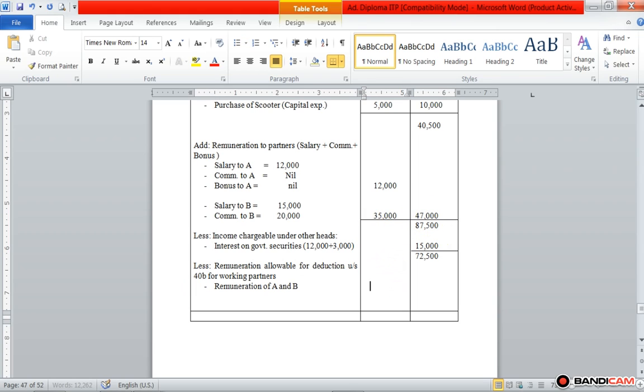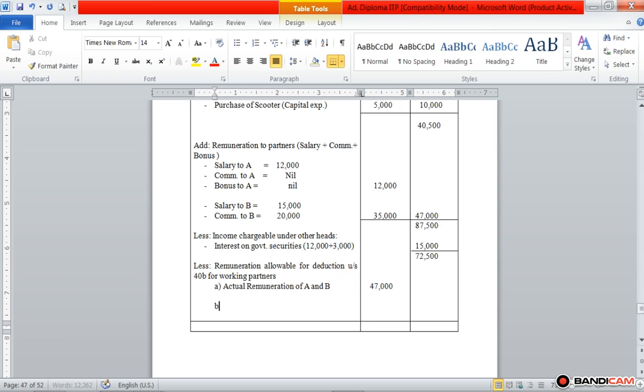Okay, 47,000, or it is a part of actual remuneration of A and B. Then 90% of book profit.